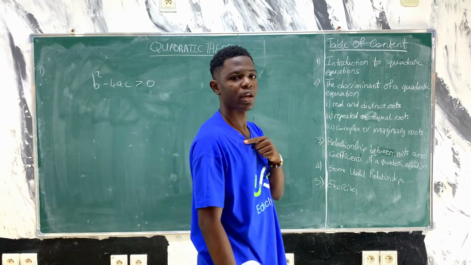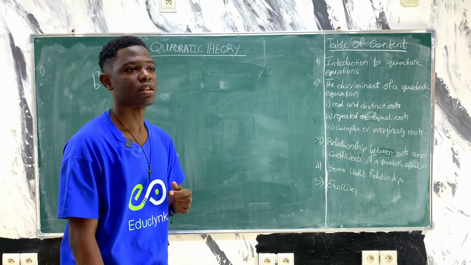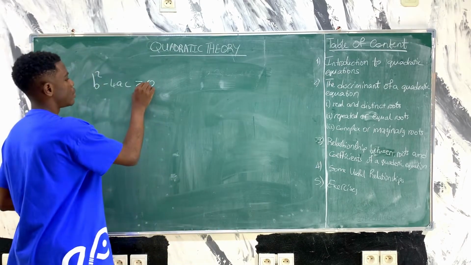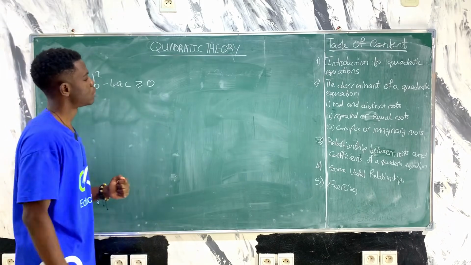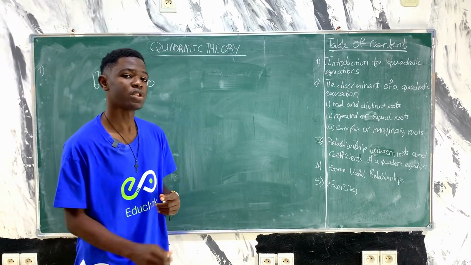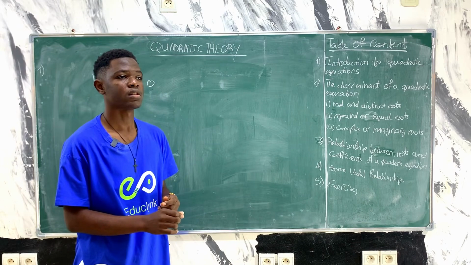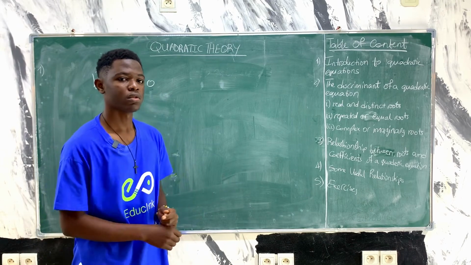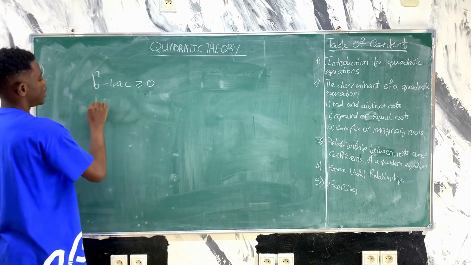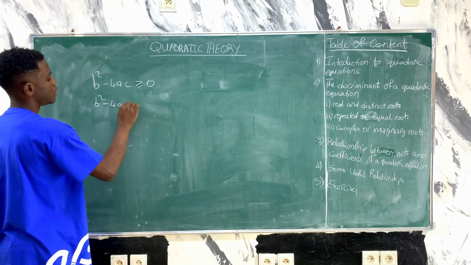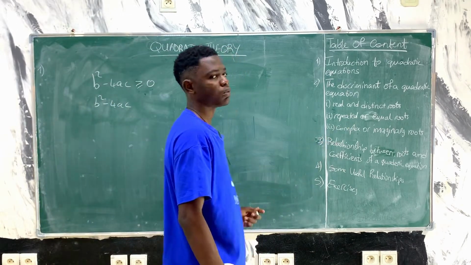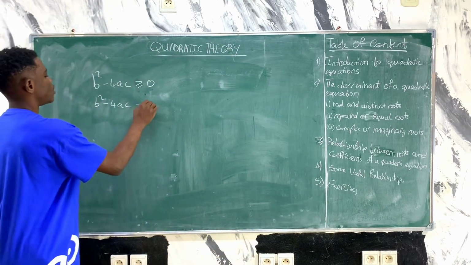You can see a case where they tell you that the equation has just real roots. In that case, you have b squared minus 4ac greater than or equal to 0. If they tell you that it has equal or repeated roots, you have b squared minus 4ac equal to 0.